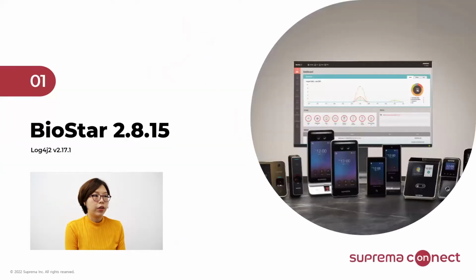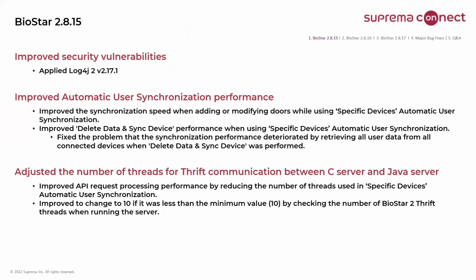The first chapter is BioStar 2.8.15. The major new feature reflected in BioStar 2.8.15 is the Log4j2 version upgrade. Log4j2 version 2.17.1 was applied to BioStar 2.8.15, and user synchronization and BioStar 2 performance improvements were made.